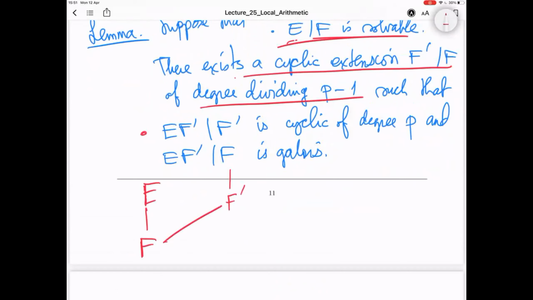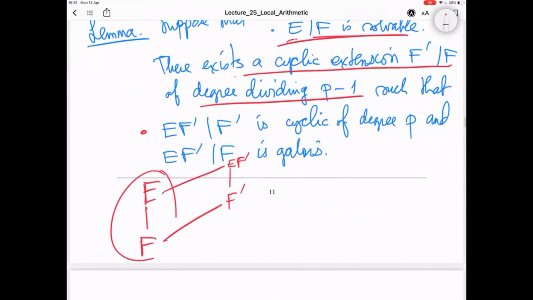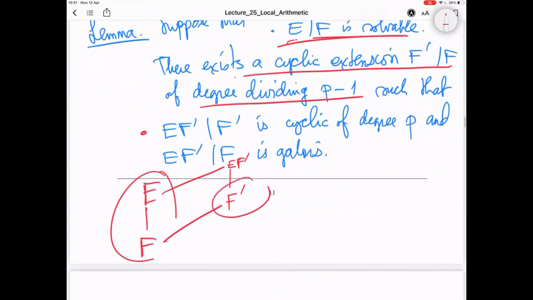So this part is given to me, and I'm saying there exists an F prime, cyclic of degree dividing P minus 1, such that EF prime over F prime is cyclic.